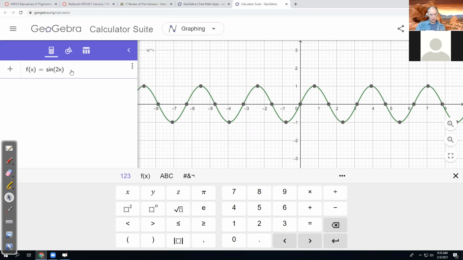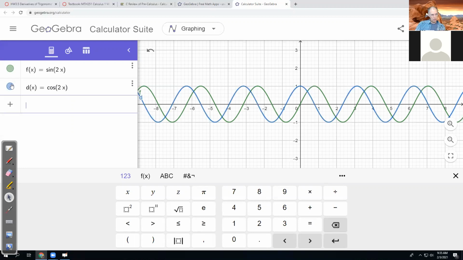There's my function, and I can see it's got a more rapid period than usual. The period is pi instead of 2 pi because of that 2 in front there. And I was wondering if the derivative function, let's call that d, like I've been doing for derivative, is equal to the cosine of 2x.